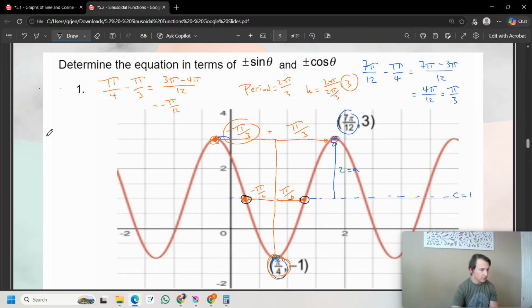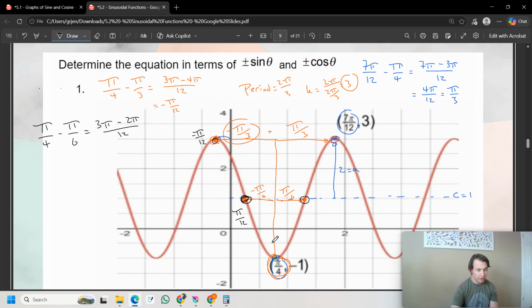Why not? Okay, so pi by 4 minus pi by 6 is the same thing as saying 3 pi minus 2 pi by 12. So this is pi by 12. This is negative pi by 12. So equally efficient there and there.